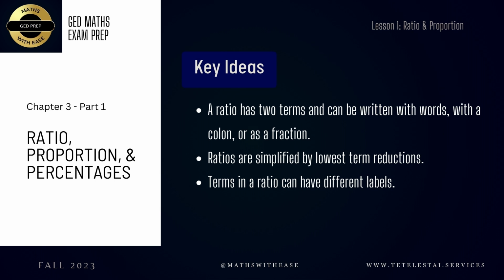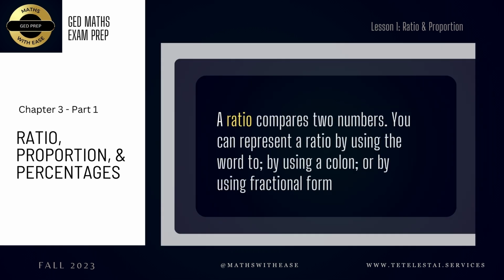We'll see that as we progress through today's lesson. So a ratio essentially compares 2 numbers. You can write a ratio using words, as I explained with our baseball player with a ratio of 3-1, you can use a colon, and you can also use a fractional form.